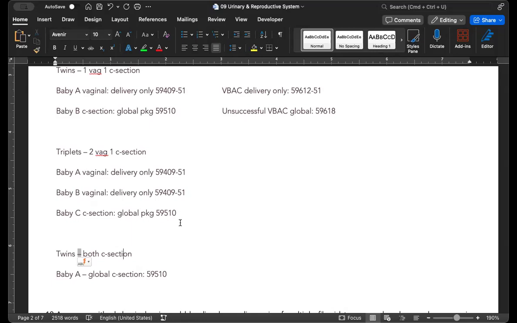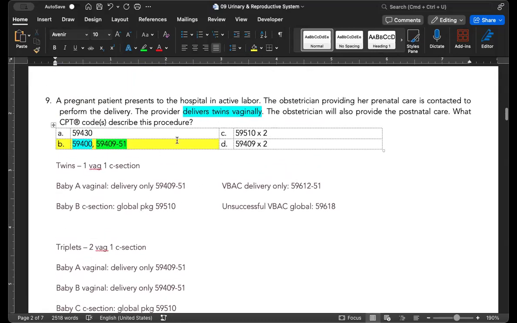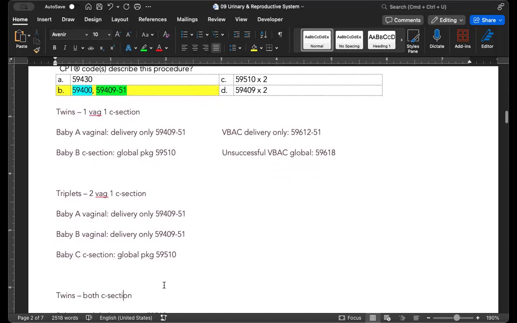We didn't have ICD-10 codes on this one, but remember, anytime you have a delivery code on a delivery claim, you do have to have the outcome of delivery, which gives the single live birth, multiple live births, whatever it is. That would be the support.